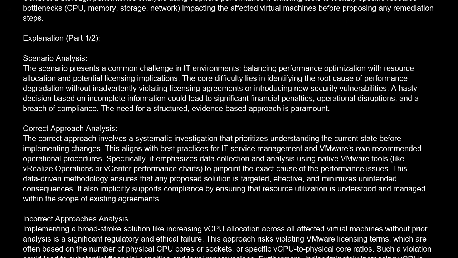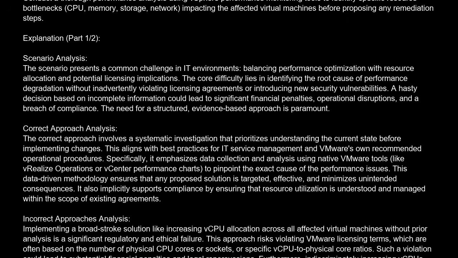Correct approach analysis. The correct approach involves a systematic investigation that prioritizes understanding the current state before implementing changes. This aligns with best practices for IT service management and VMware's own recommended operational procedures.